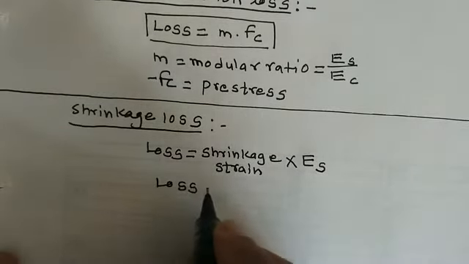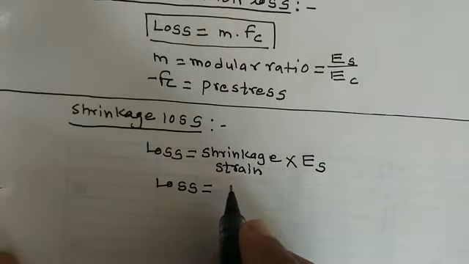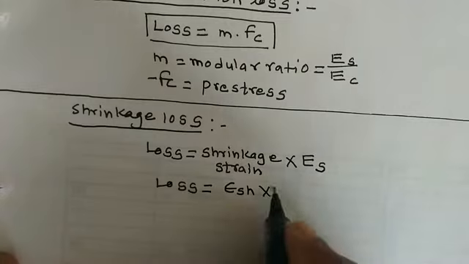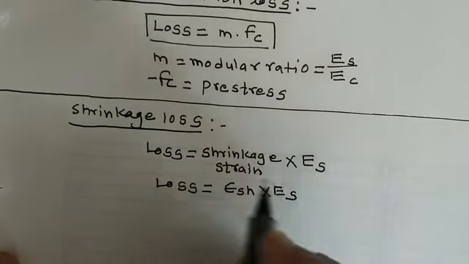So loss is calculated as epsilon sh multiplied by Es.